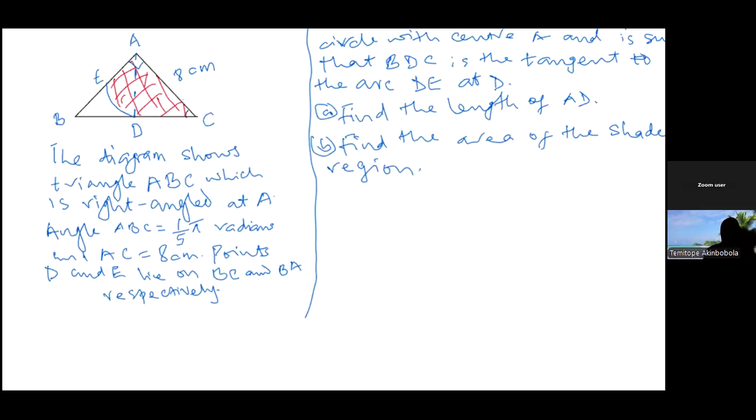Let me use black. That's angle ACB, or you want to say ACD. In other words, this angle C. So to find that, I will need to use what? My trig ratios. Am I communicating?